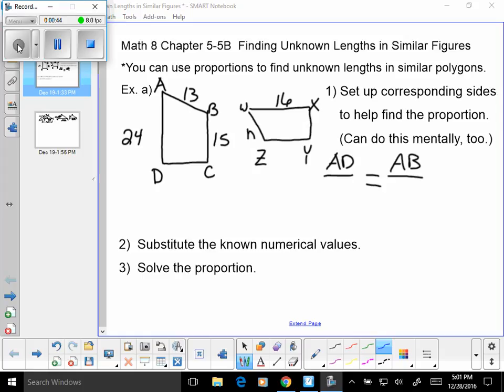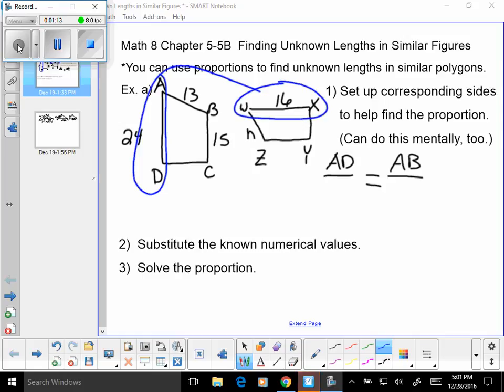Now if you'll notice, the quadrilateral WXYZ is not in the same orientation as the quadrilateral ABCD. Now you have a choice of either figuring it out that this corresponds to this, or you can trace figure WXYZ and then kind of rotate it around.